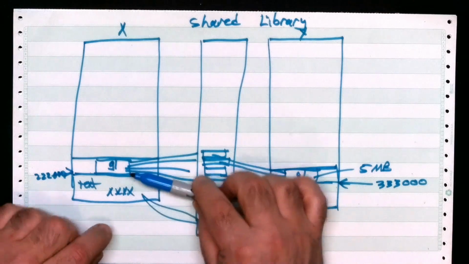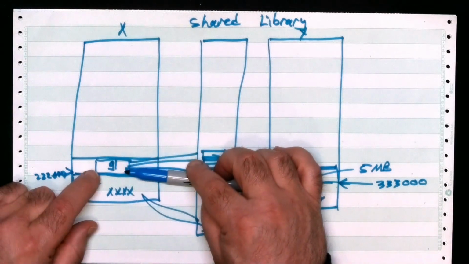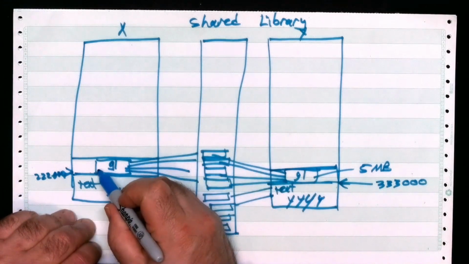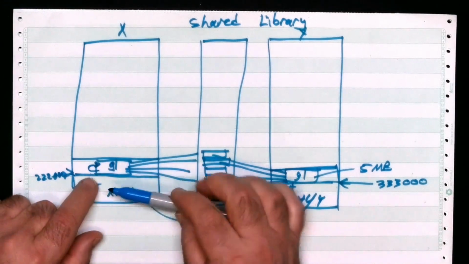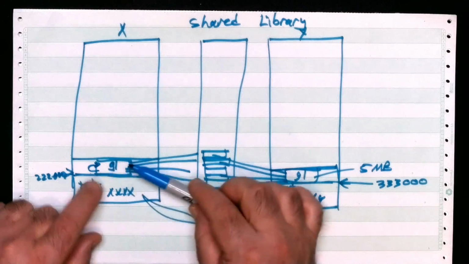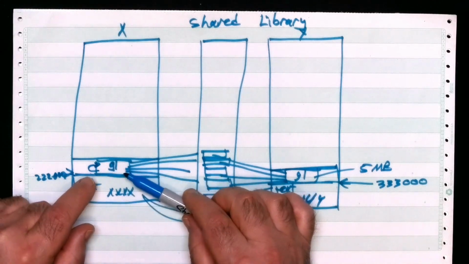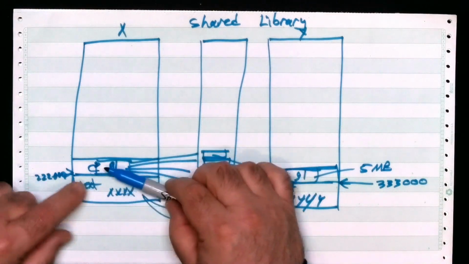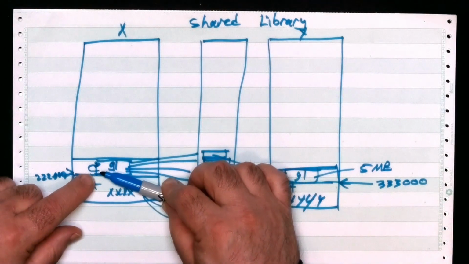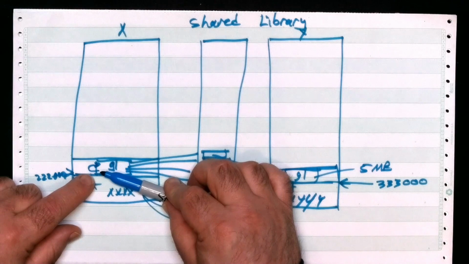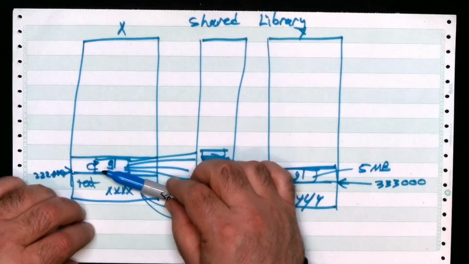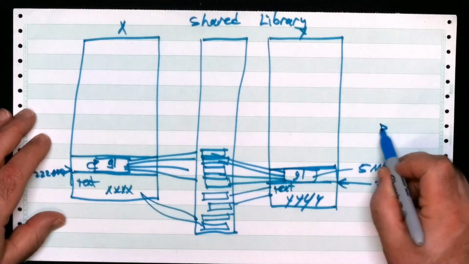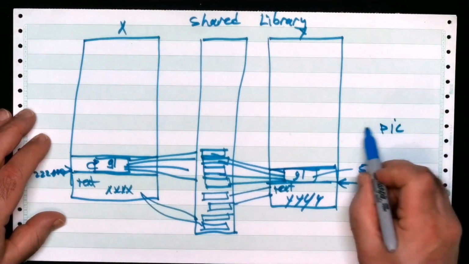So if this code ever refers to a branch instruction, and it says, I want to branch from here to there, when you write this and it's compiled, the compiler has no idea what address it's going to or from. So in order for that code to work, when you compile this sort of thing, you say PIC, okay?